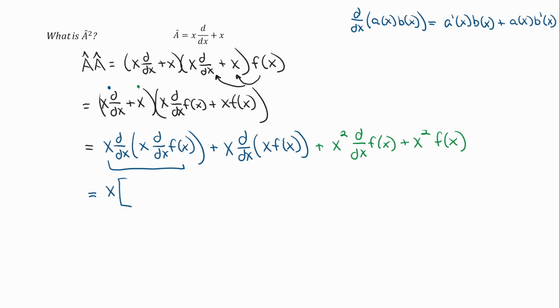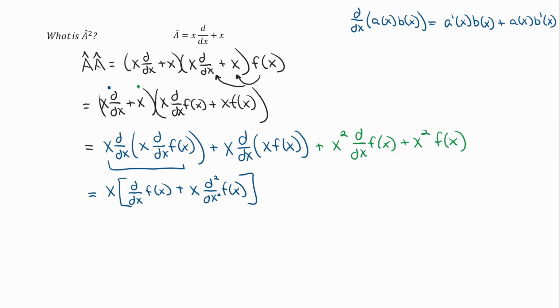So let's apply that to here. First, we're going to take the derivative of our x term, which is just going to be 1, multiplied by the same function of the second one, so d over dx of f of x. So we're good here. The second term, we're going to retain our x term and take the derivative of d over dx of f of x, which would end up being d squared over dx squared. So the second derivative with respect to f of x. So everything multiplied by x.